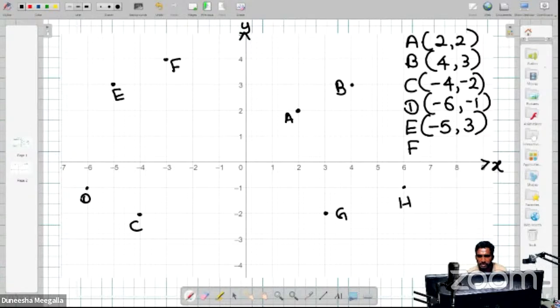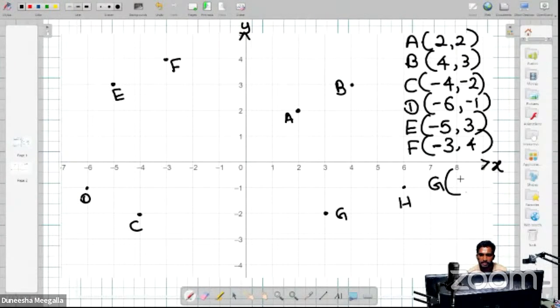F is, Satish? (-3,4). Yes, (-3,4). Say the answer for G. What is G?